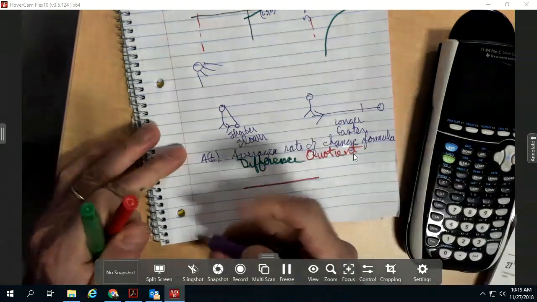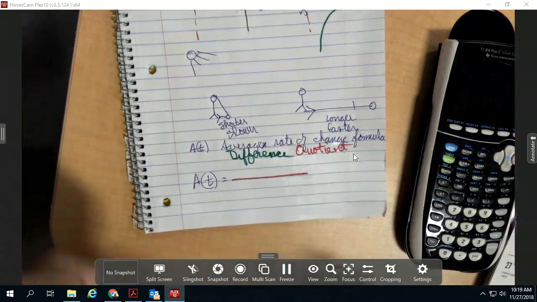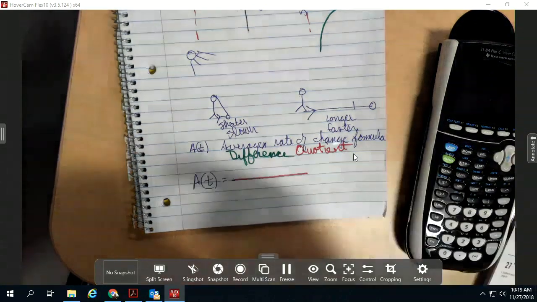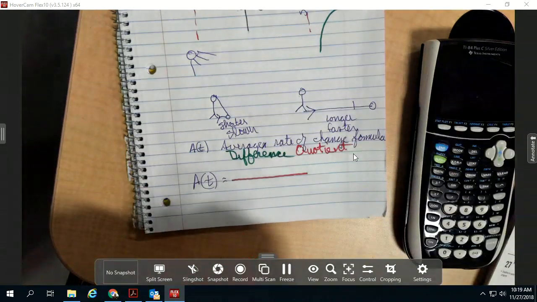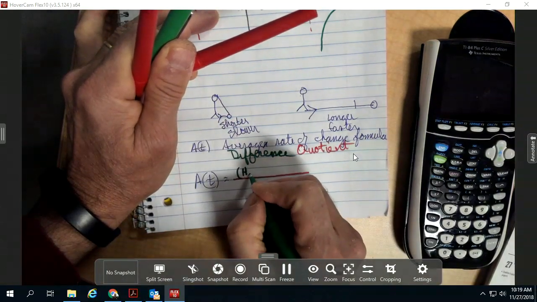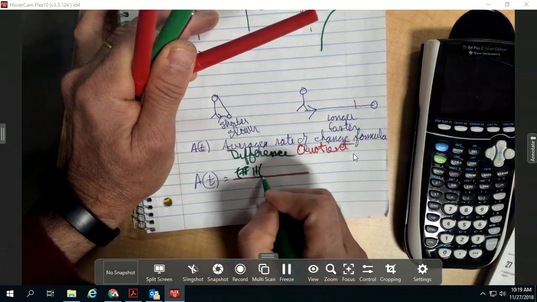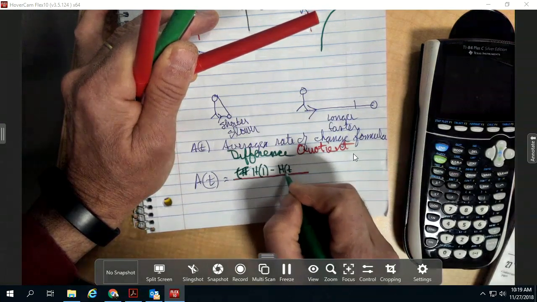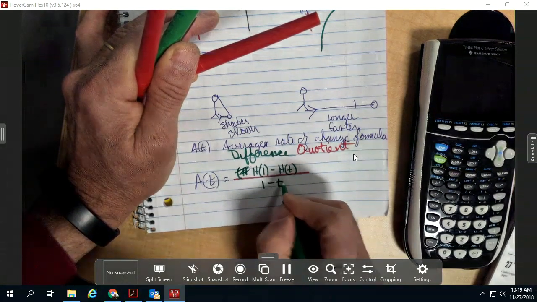Well, the quotient part is the divide by sign, right? Because a quotient is a division. Difference is, they say, h of 1 minus h of t divided by 1 minus t.